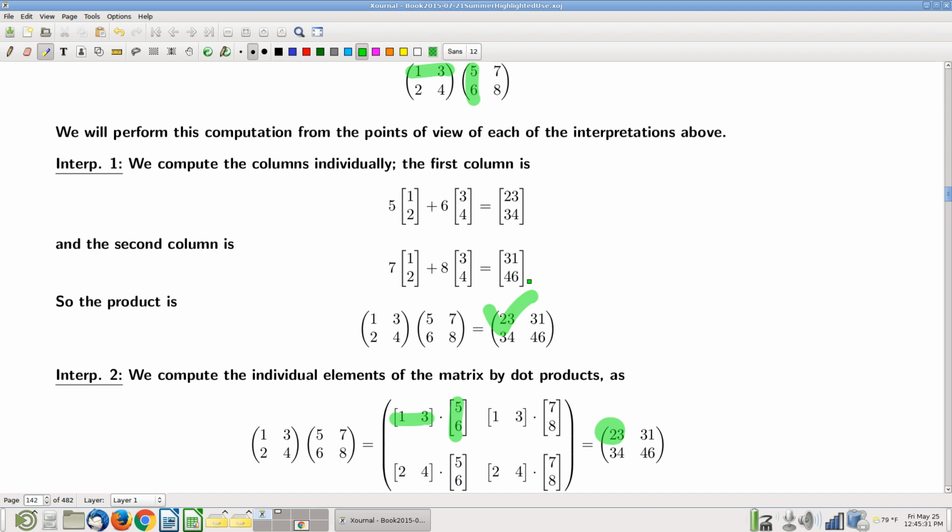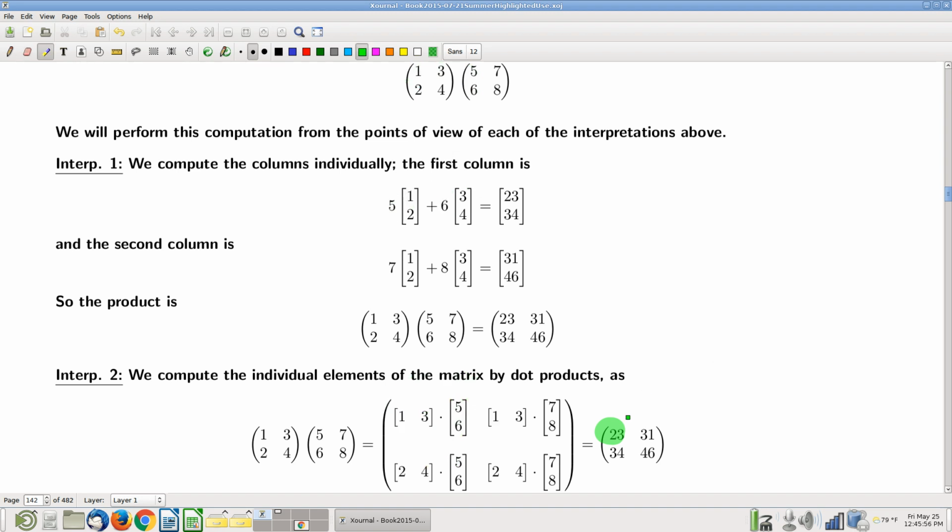So it's identical arithmetic. In fact, you can even see that dot product in the linear combination. Right? This dot product, 1 times 5 plus 3 times 6, here it is. 1 times 5 plus 3 times 6. It's identical arithmetic. It's just sort of bookkeeping in a different way.